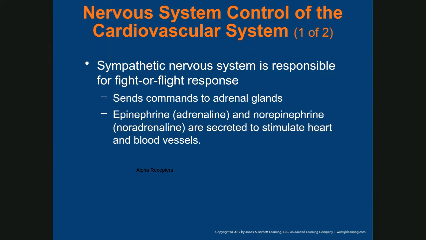Anytime your body feels that your blood pressure is low, the first thing your body does is produce norepinephrine and noradrenaline to constrict your blood vessels to increase your blood pressure, right?